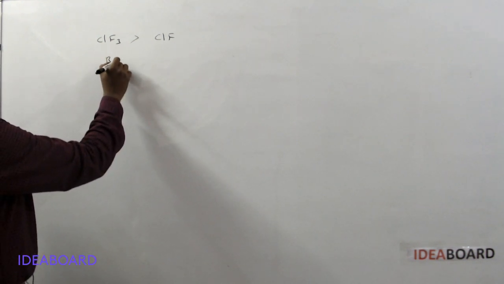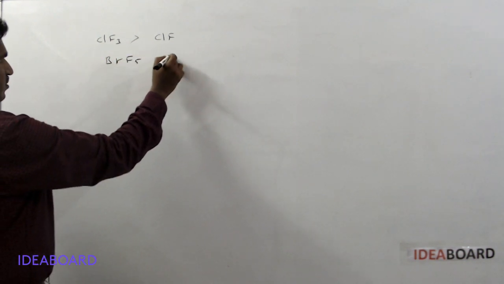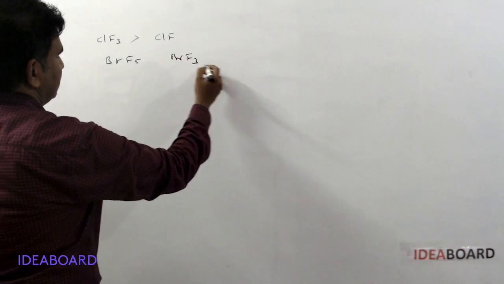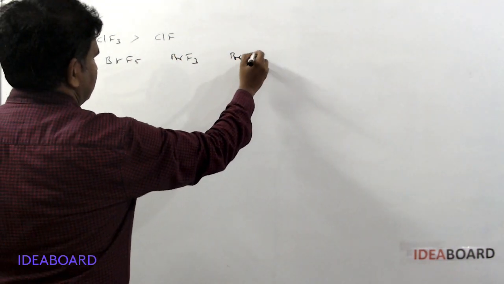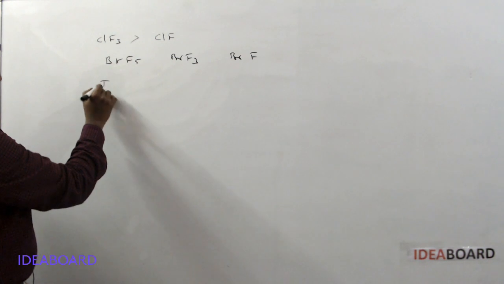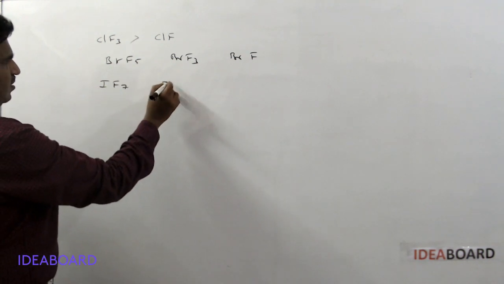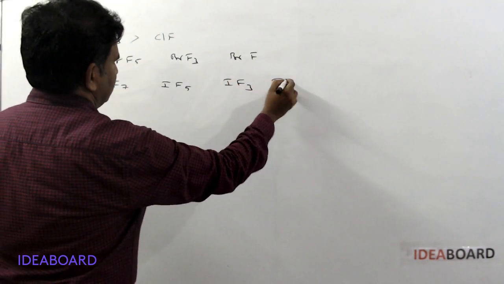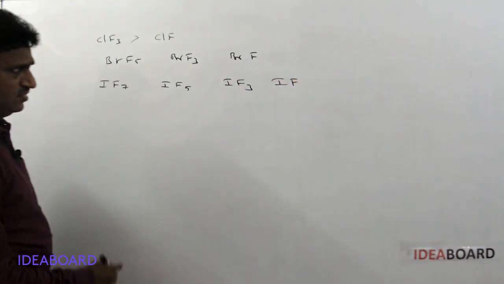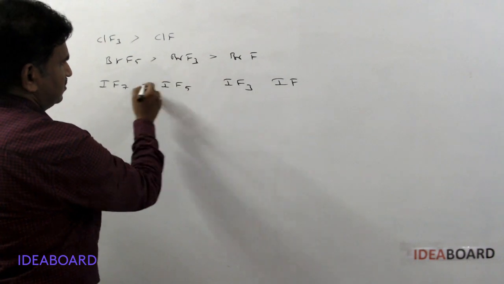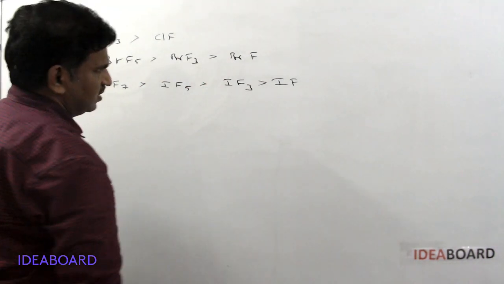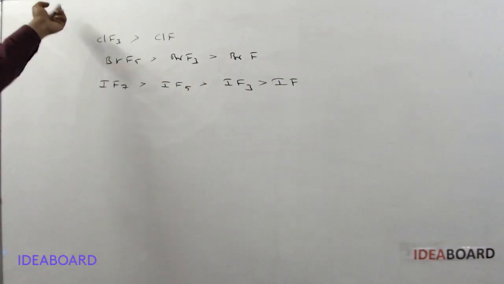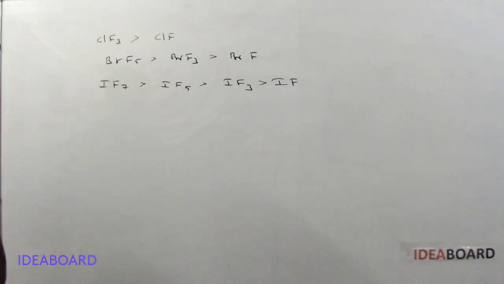Similarly BrF5, BrF3 and BrF; similarly IF7, IF5, IF3 and IF. Then this is the reactivity order. Trifluoride is more reactive than monofluoride.